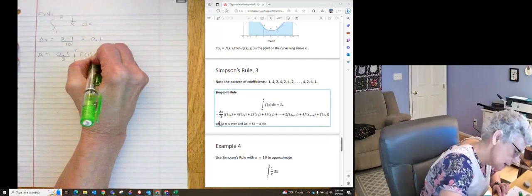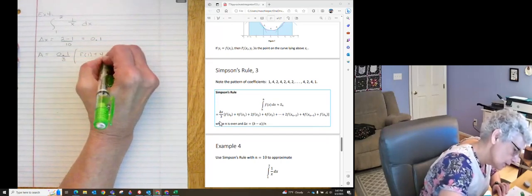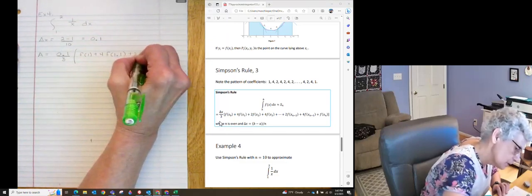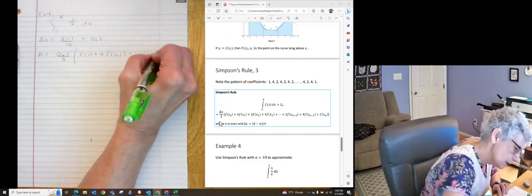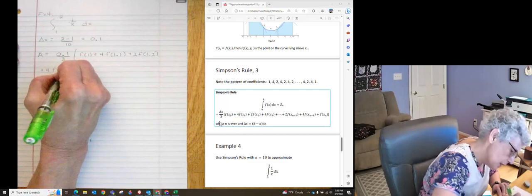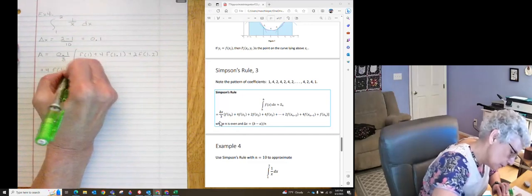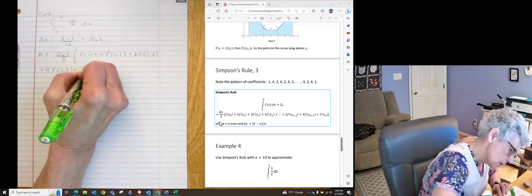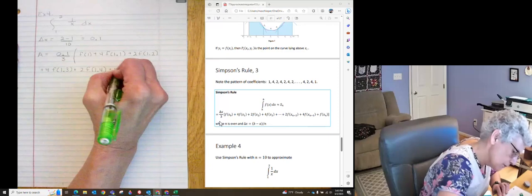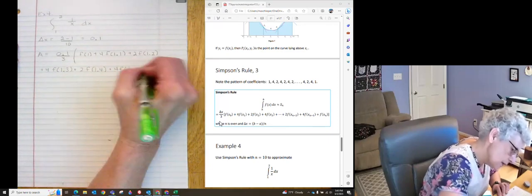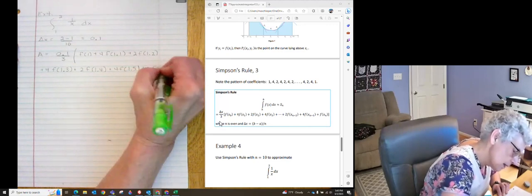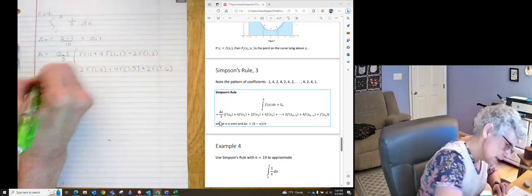Now this time my delta x is 0.1, so my first input is going to be f of 1, and my second will be 4 times f of 1.1, 2 times f of 1.2, 4 times f of 1.3, 2 times f of 1.4, 4 times f of 1.5, 2 times f of 1.6.